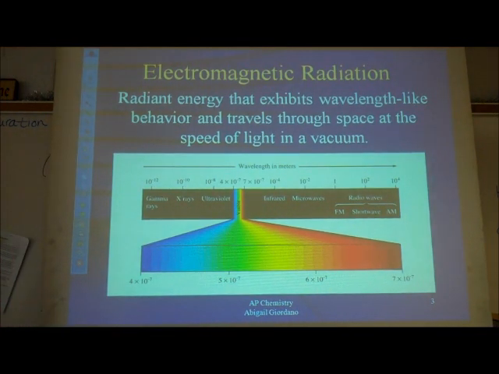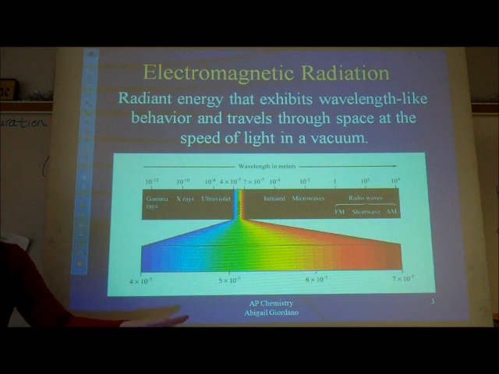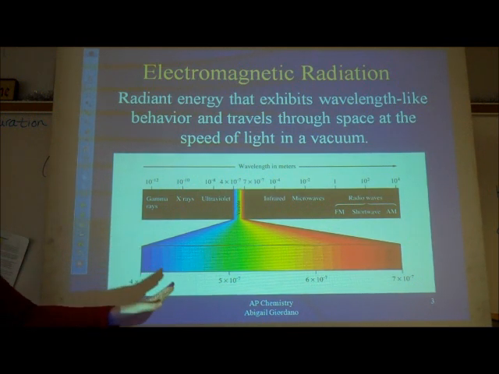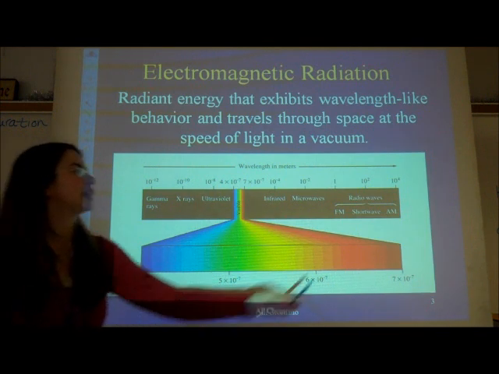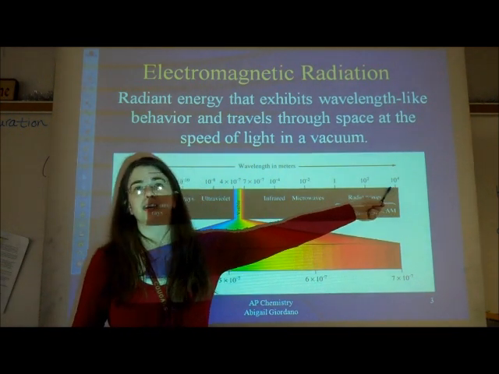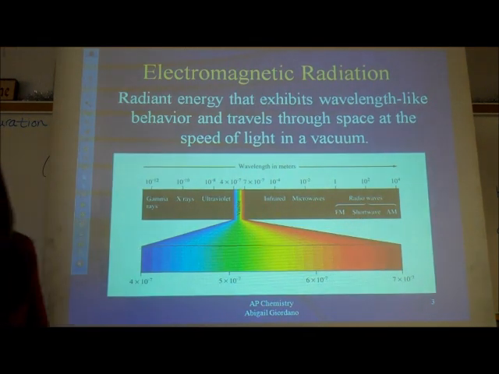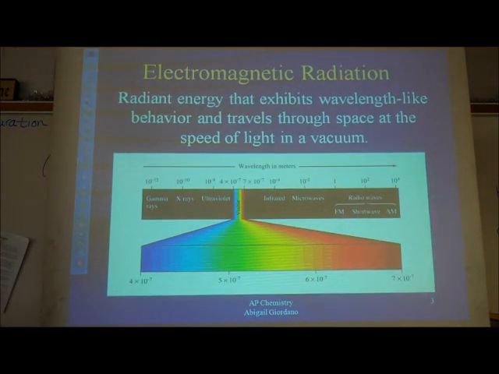It's a lot of gospel music and opera and talk radio and smooth jazz. Maybe that's your thing. I don't mean to put it down. But look at that number. That's big. AM radio waves have wavelengths close to a mile long.